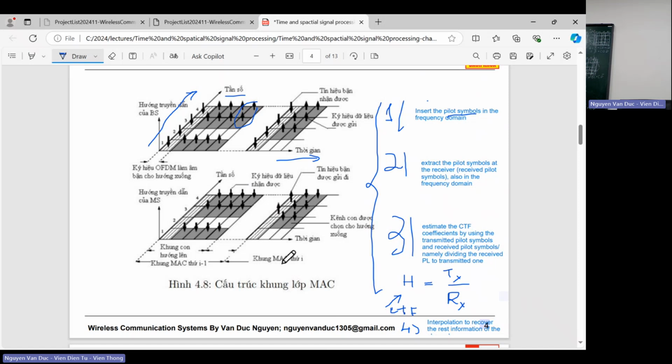Please don't understand that as power. If you use baseband, that's a complex signal. So the channel is complex. It includes the amplitude and the phase. So if you estimate the channel, then we need to estimate both the amplitude and the phase. A very good question.